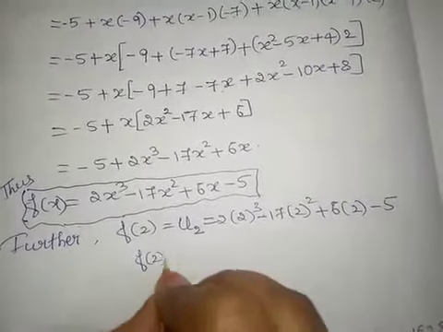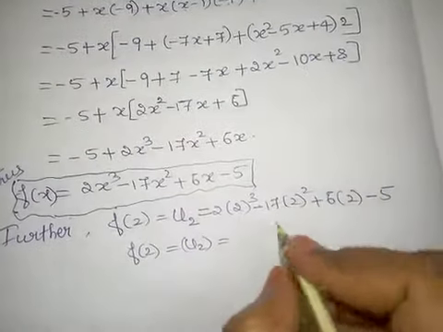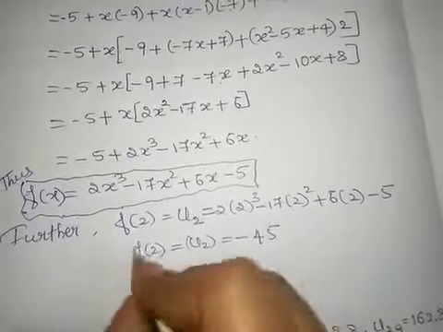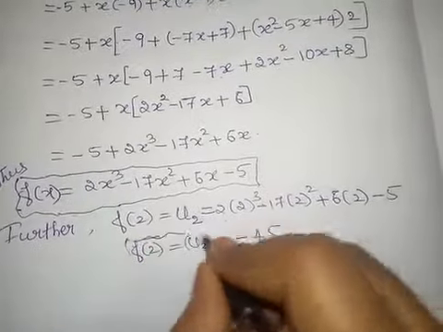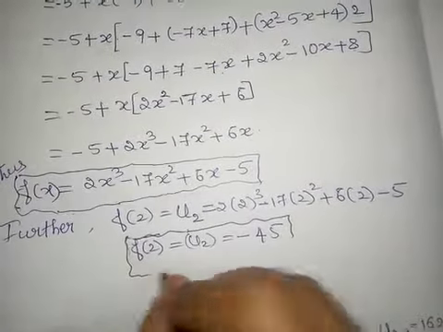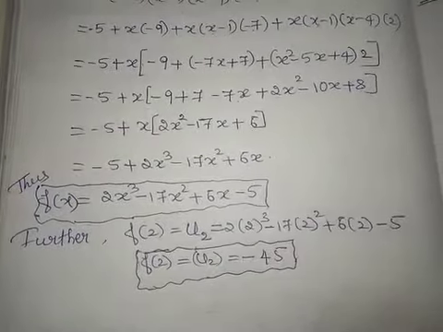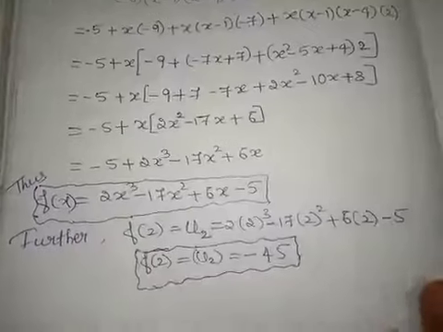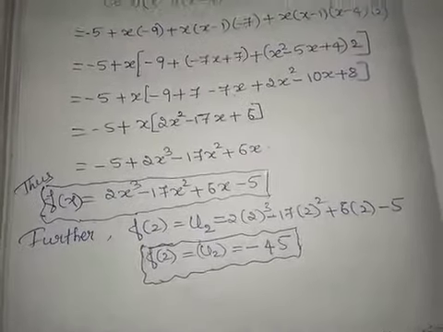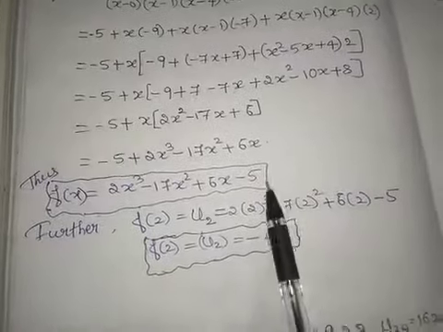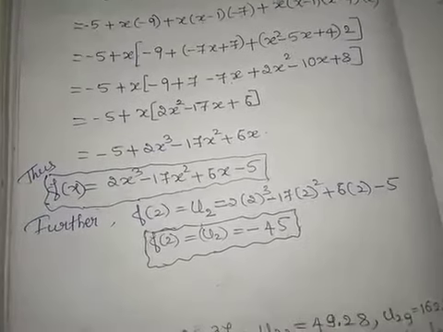We will get f of 2 is equal to u2 is equal to how much, minus 45, which is our required result. This is how first you have to calculate the polynomial. If they are given to find the polynomial, then to find the value for the particular number, first you have to find the polynomial, just substitute the value of given x, then find that respective value.